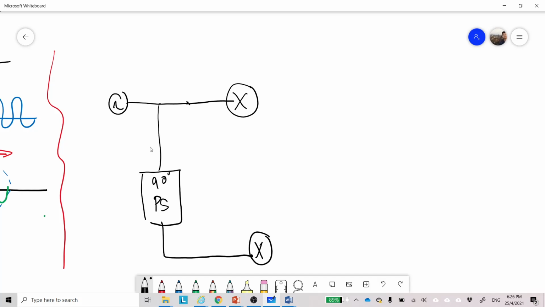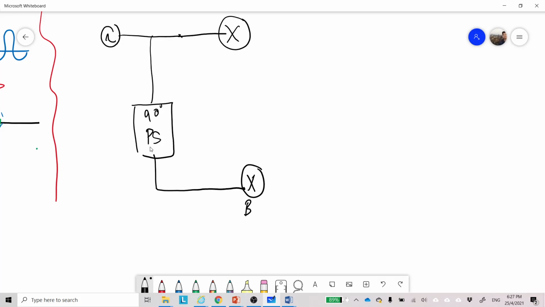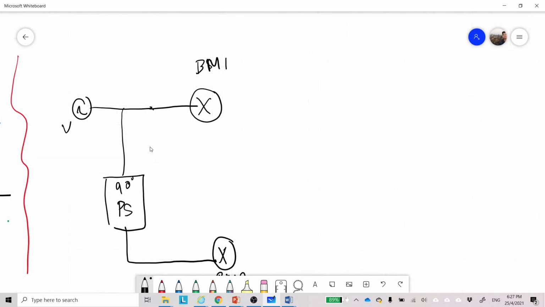So I put here BM1, balance modulator 1, and this is balance modulator 2, BM2. Okay, so this is VMT, and over here we have the VCT.